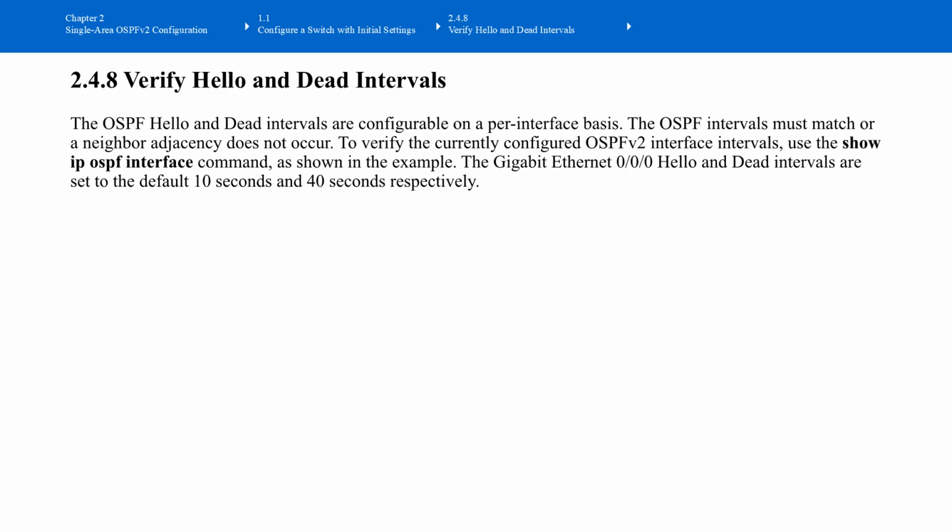To check the current timers, use the show ip ospf interface command. For example, on interface G0/0/0, the default timers are hello interval 10 seconds and dead interval 40 seconds.